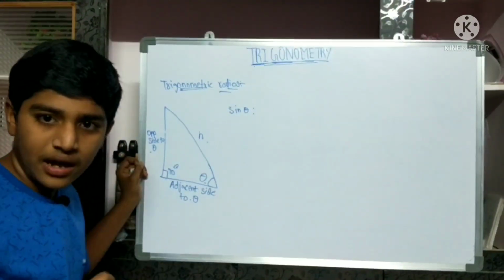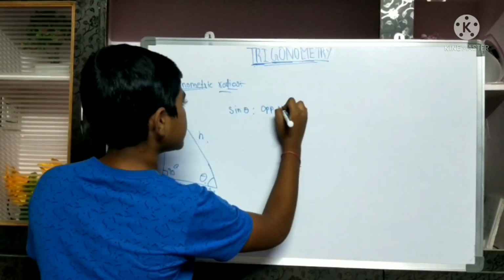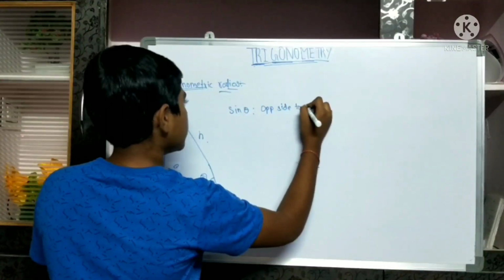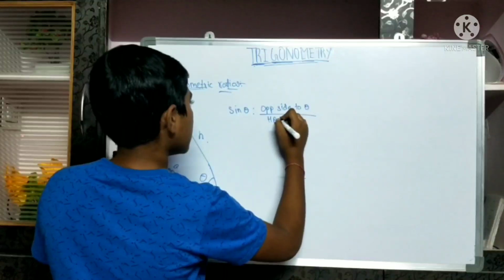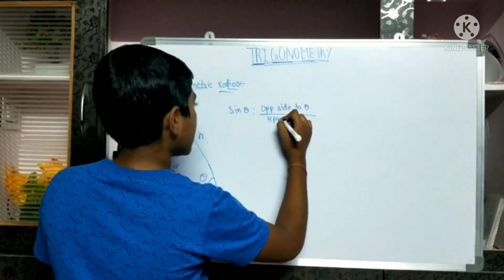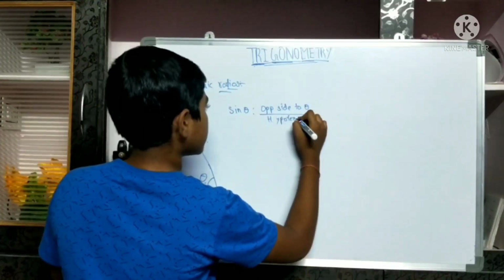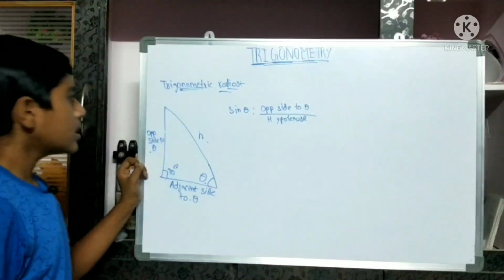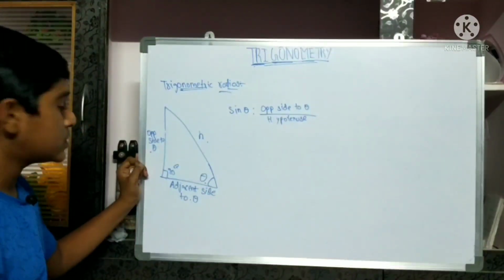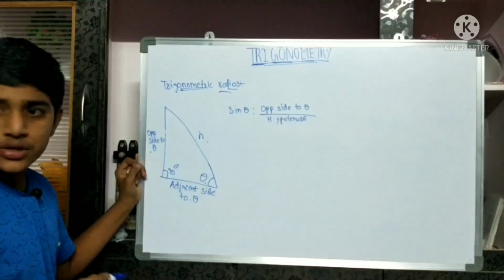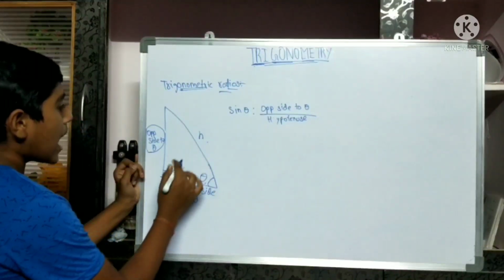What is sin theta? Sin theta means the opposite side to theta by hypotenuse. Sin theta is equal to opposite side to theta by hypotenuse.